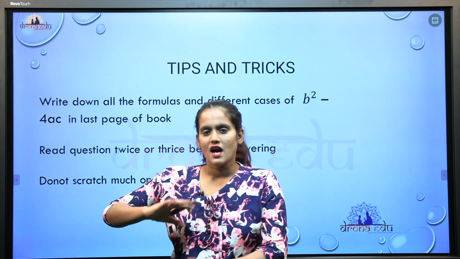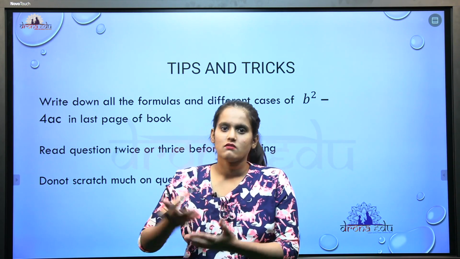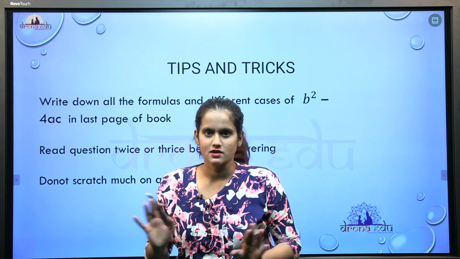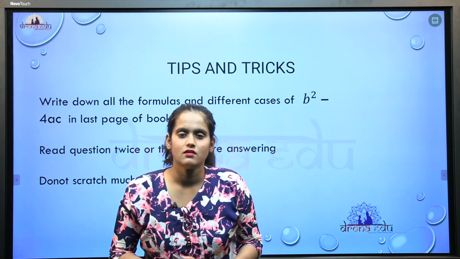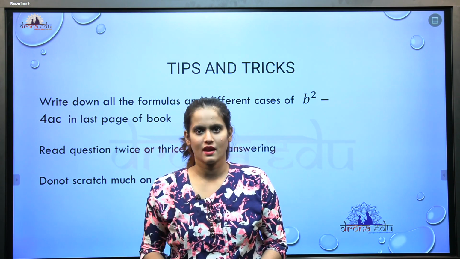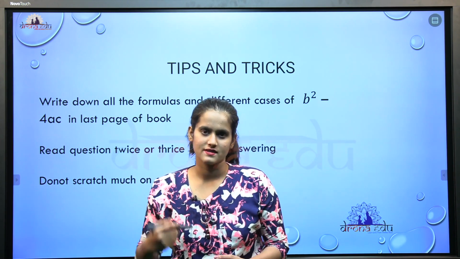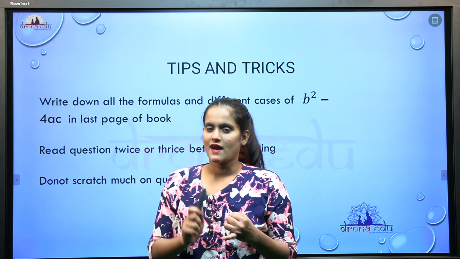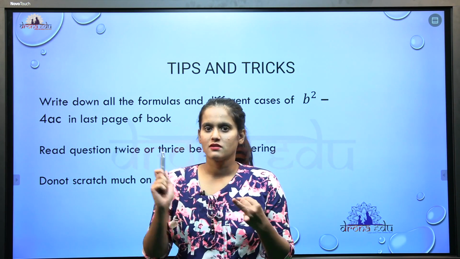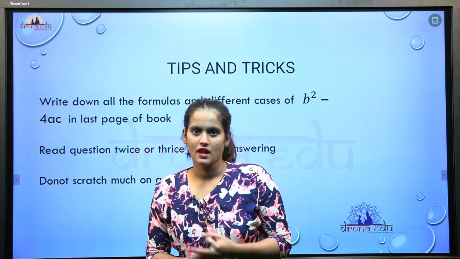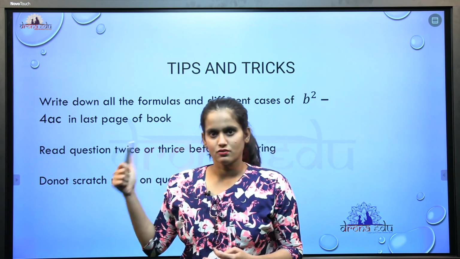So in the last page of a notebook or any page, keep a notebook for the separate formulas itself, students, where you write down all the methods, one example with each, like solving a quadratic equation by factorization method, by completing the square method, and by using the formula, and finding the real roots.